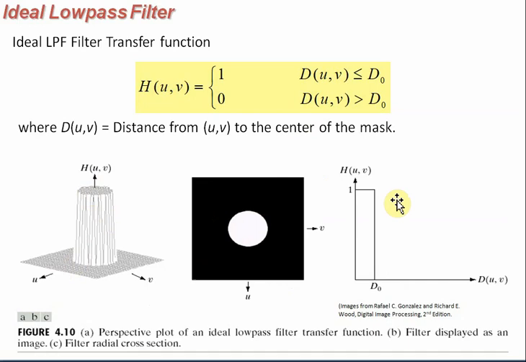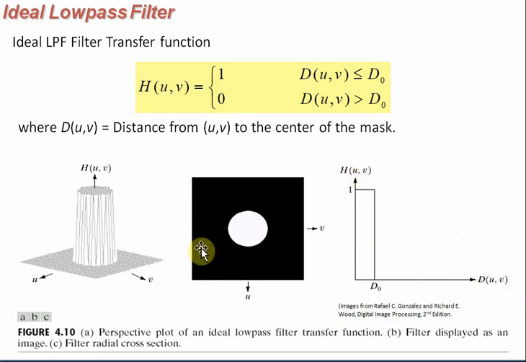Now if I plot h of u comma v against d of u comma v, up to d naught the values are high, and at greater than d naught the values are 0. That's why this is the plot between h of u comma v and d of u comma v.